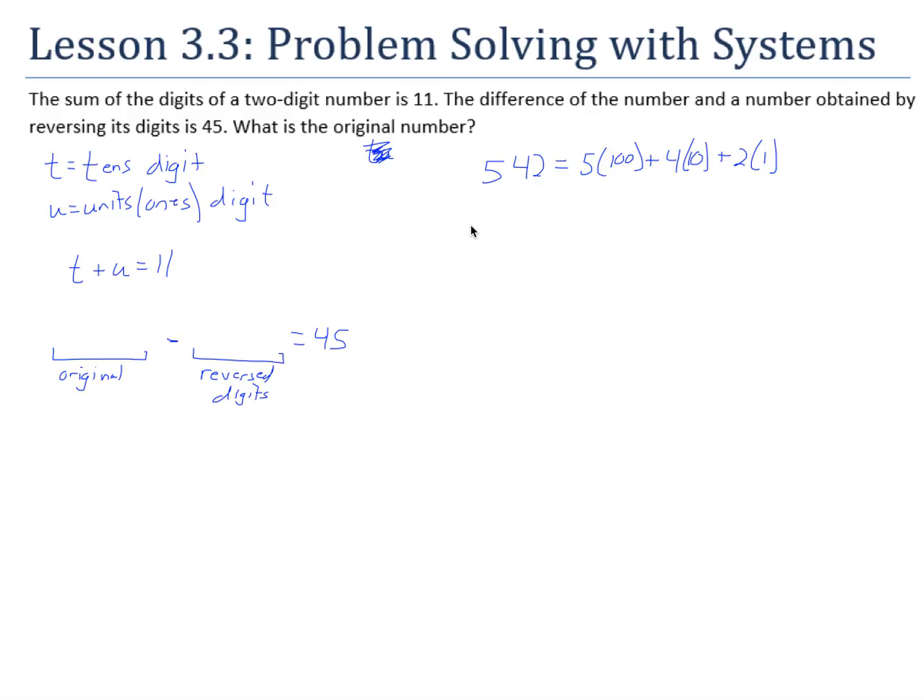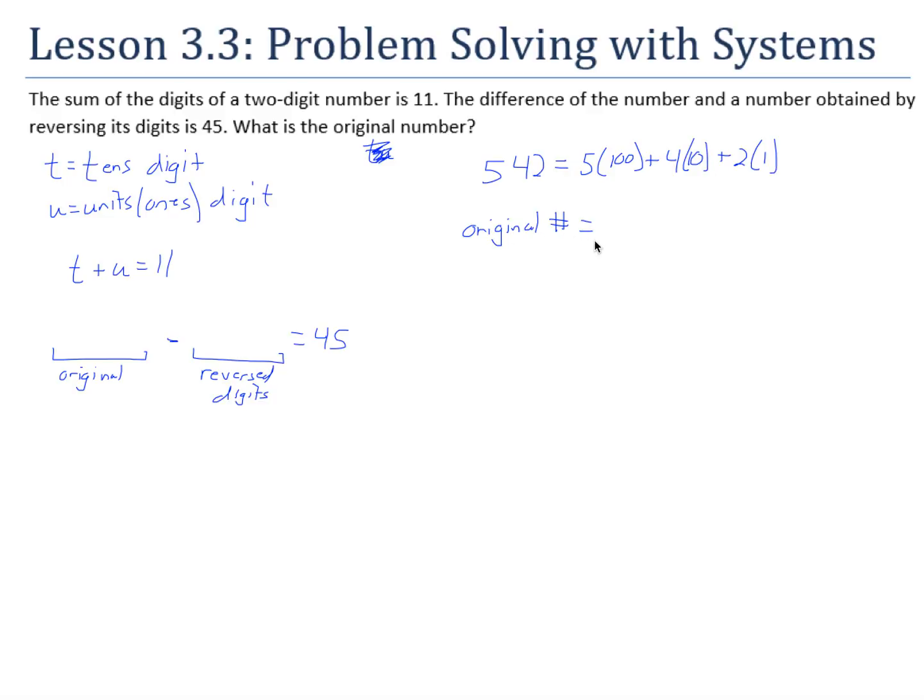So our original number is going to equal, so here we took our hundreds digit and multiplied by 100. Our tens digit times 10 and our ones digit, our units digit, times 1.